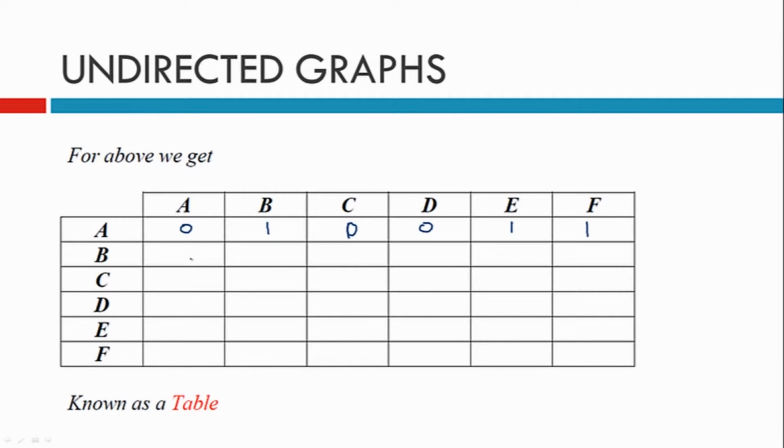Then B to A, 1, B to B is 0, B to C is 1, then we had 0, 0, and B to F is 1.